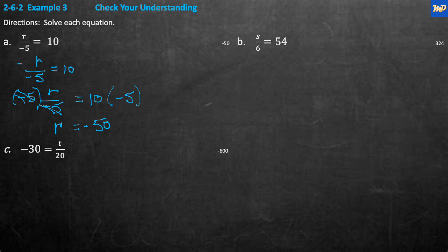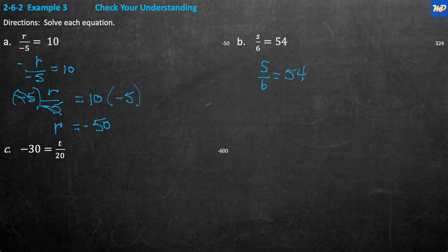Let's do B. Oops, I guess I need to cancel that. There we go. S divided by 6 is equal to 54.